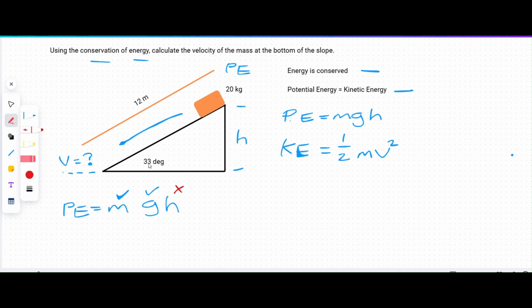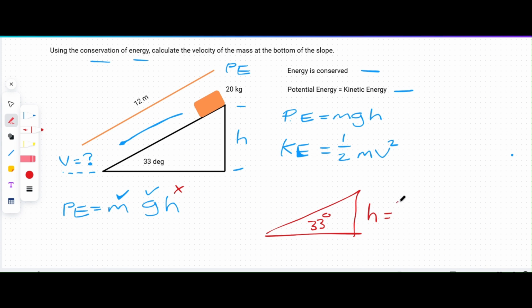Now, if you look carefully, this is a triangle. So yes, Pythagoras or trigonometry, probably SOHCAHTOA. So to find the height, I'm going to draw the triangle. This is why we need to use SOHCAHTOA and learn SOHCAHTOA. That's 33 degrees in there. I've got to find this height.